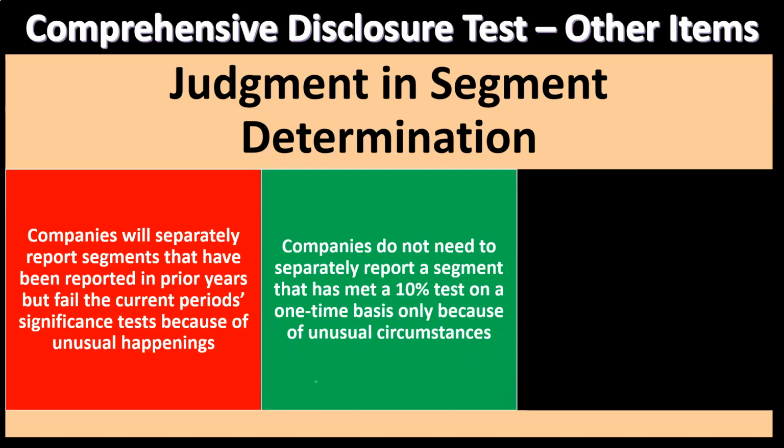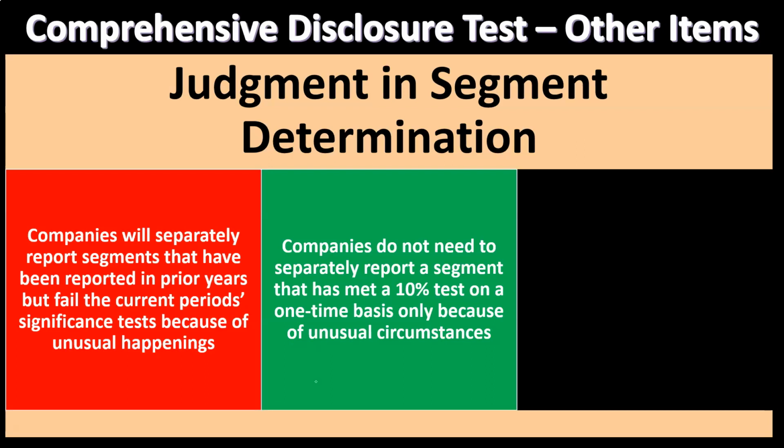Companies do not need to separately report a segment that has met a 10% test on a one-time basis only because of unusual circumstances. So on the other side of things, we might say, okay, we've never reported this segment separately before, and it met a 10% test, maybe just barely, this year. But that was kind of a fluke because some weird thing happened this year, which we don't expect to happen next year.